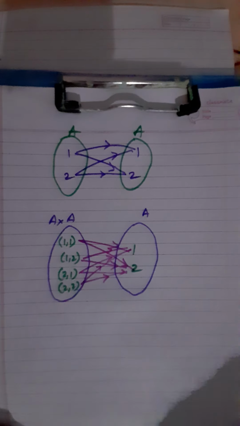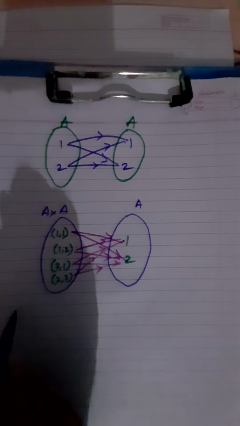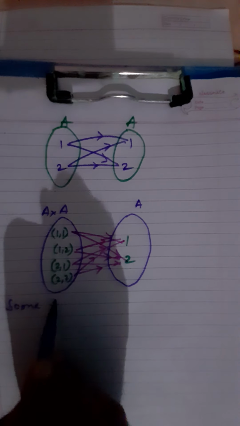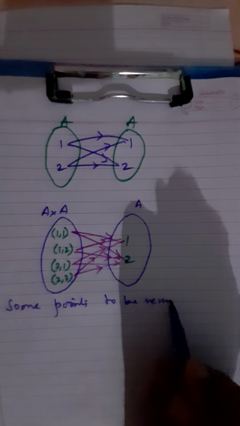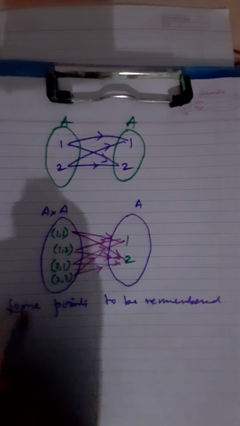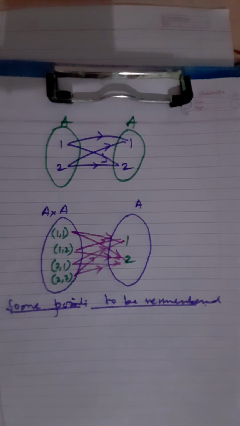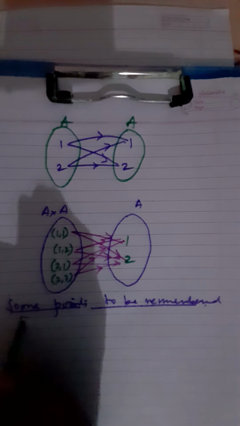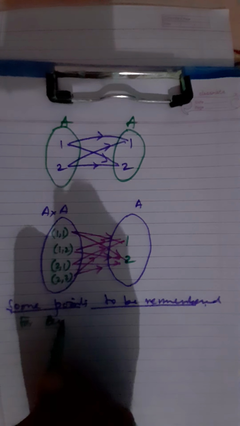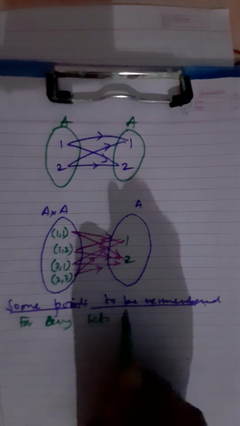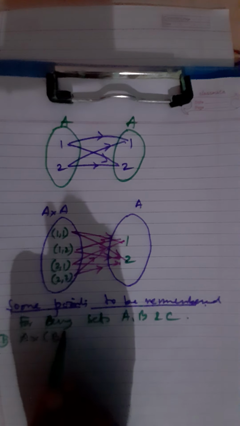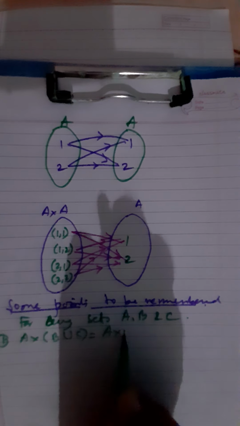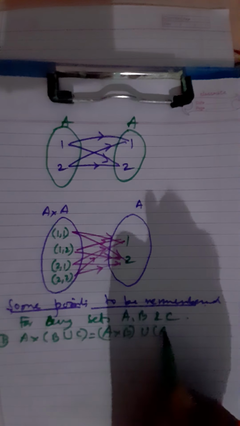Some useful results. Some points to be remembered. Point number 1: for any sets A, B and C, A cross (B union C) is equal to (A cross B) union (A cross C).